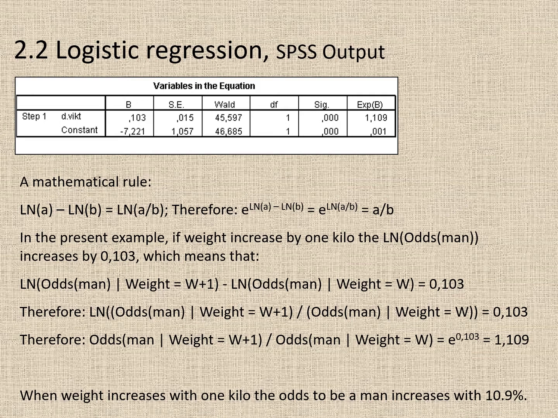In our example, if weight increases by 1 kilo, the natural logarithm of the odds of being a man increases by 0.103.